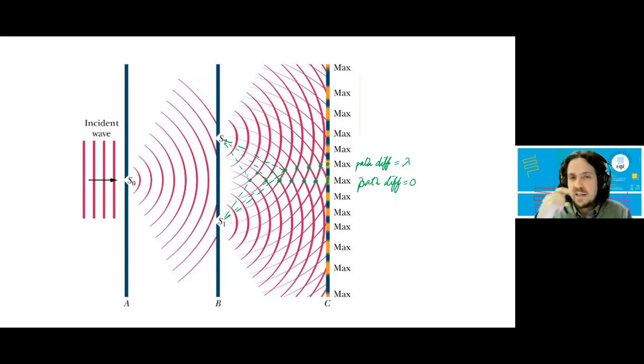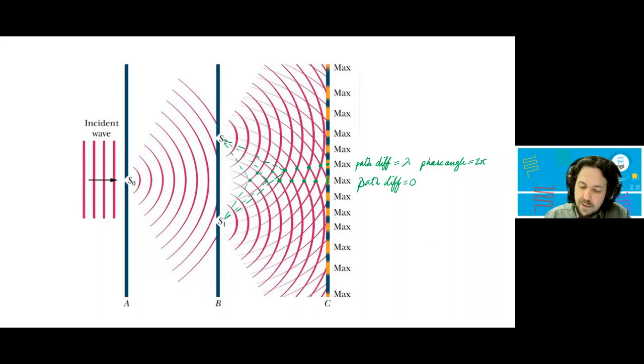Now, we can also discuss the phase angle, and the phase angle will be the relationship between those two waves in terms of pi, 2 pi, and so on. Now, because it's a whole wavelength, that's like one whole cycle. So the phase angle is going to be equal to one whole cycle, which is 2 pi. All right, one whole cycle, which is 2 pi.